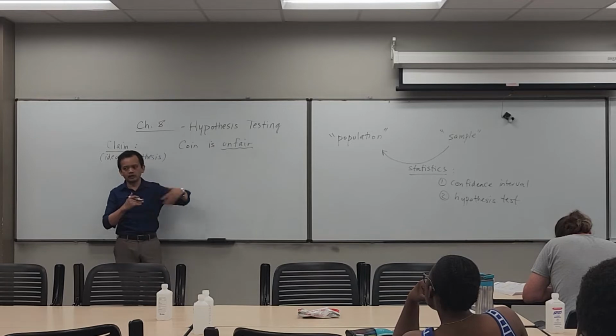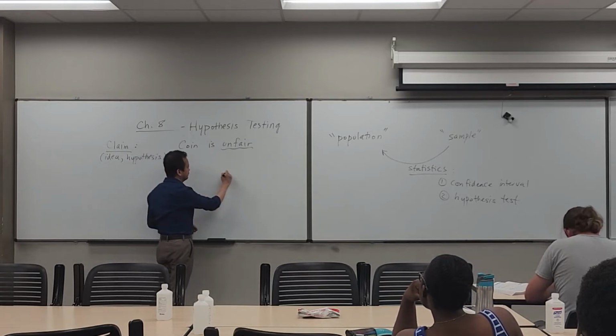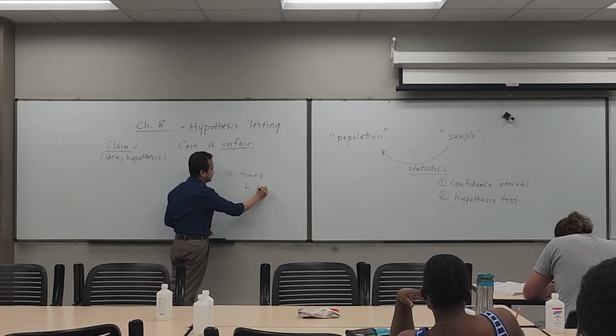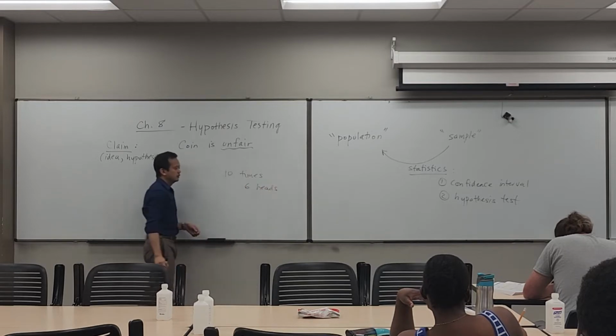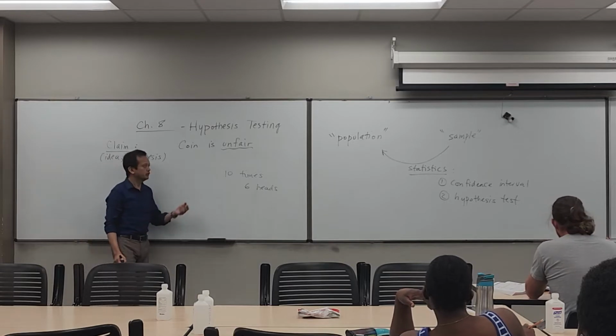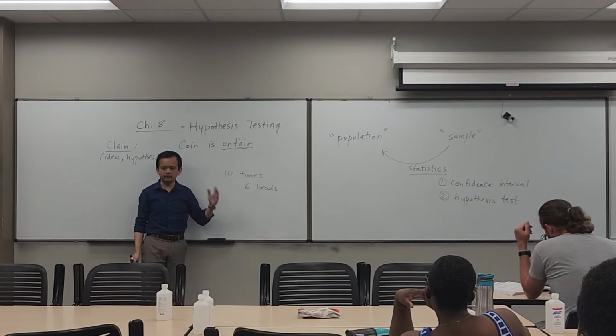So if the coin is fair in the long run, after 1 million flips, and you flip the coin only 10 times and you observe 6 heads, could that still be possible for a fair coin? Yes. Sure. So when we say the coin is unfair, that means it's not exactly 50% heads in the long run.